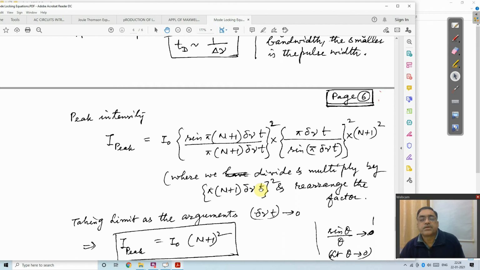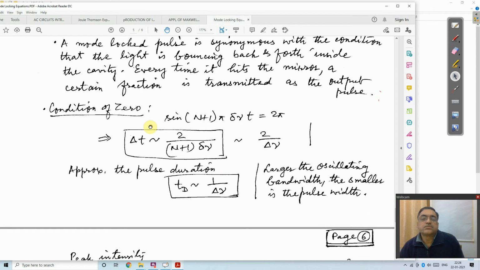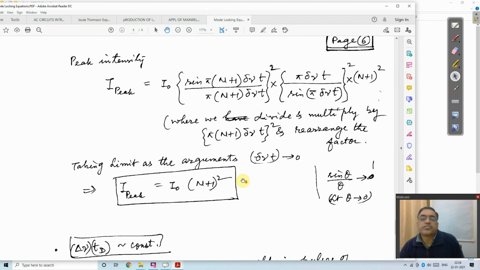And the peak intensity, the central intensity, can be obtained by taking the limits, so these are the zeros actually, as in diffraction theory.